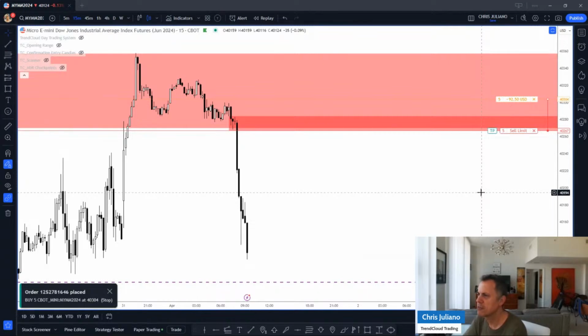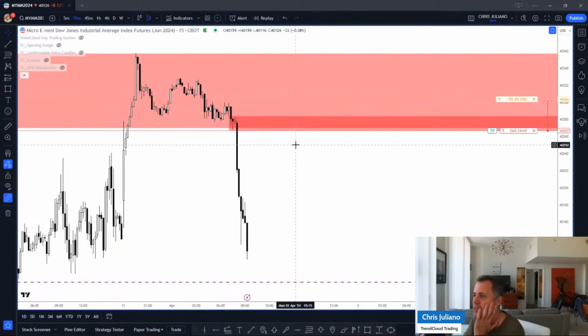Look at this setup. Micro Dow, 5 contracts. We could afford 5 contracts on that micro Dow, and it's less than $100. That's a nice trade.